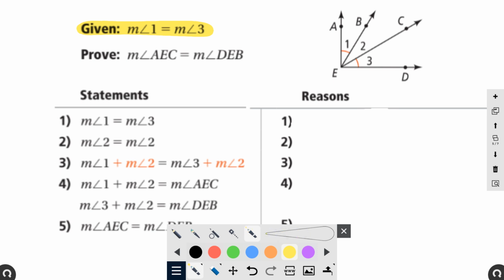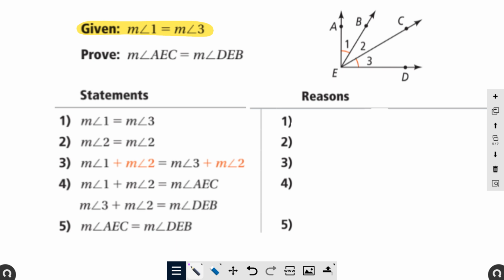Do you see that written anywhere down here in your proof? Yeah, it's the first statement, right? Angle 1 is equal to angle 3. Is it exactly the same? Then the first reason is given. If they are exactly the same, then you can write it down as given. We are given this information.